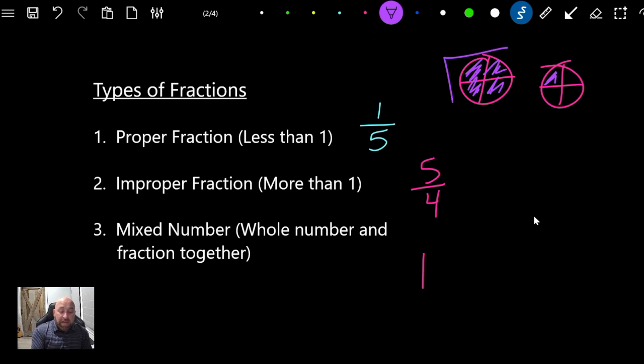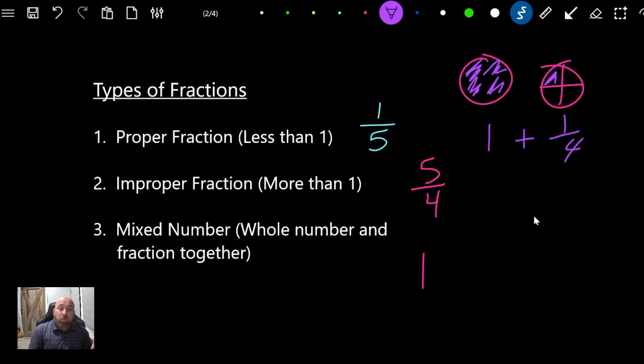So instead of writing 4/4, which is how we got the improper fraction, now I just say, okay, that's just 1 pizza. I'm not even going to divide this into pieces. It's just a whole pizza. We haven't even cut it yet, okay? So we'll get rid of those cuts, and it's just 1 whole pizza. But now I have 1 out of 4 over here. So now I have this.